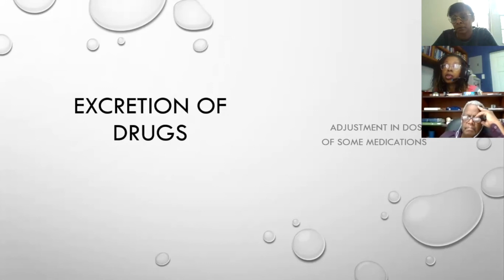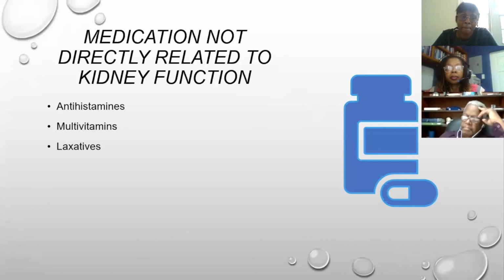And for those not yet on dialysis, sometimes you actually have to do a calculation and work out just how much of the medication you need to get. Then there are medications which may be on your regular list, but are not necessarily directly related to kidney function.